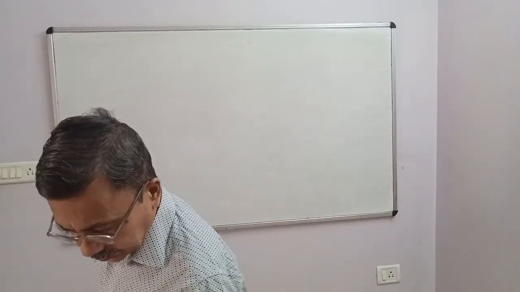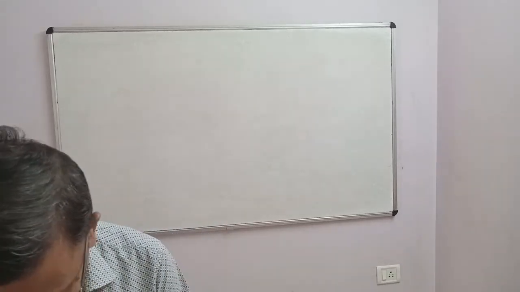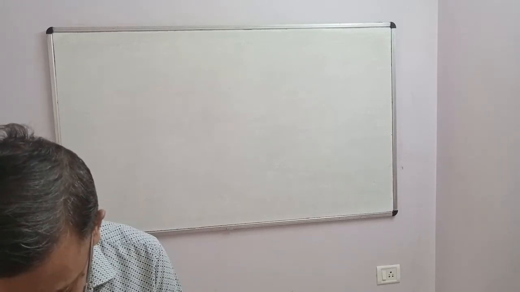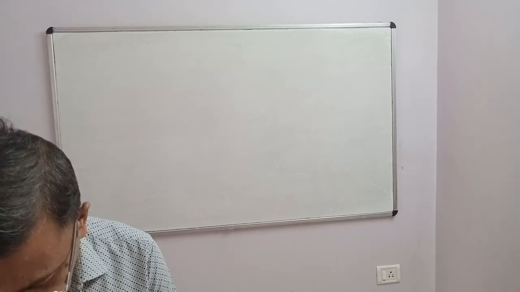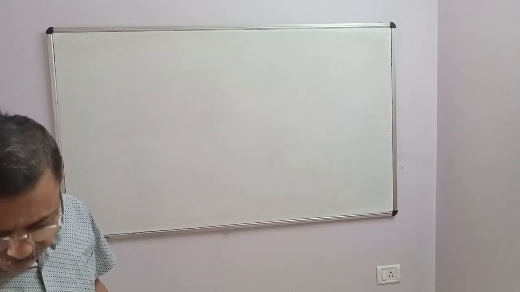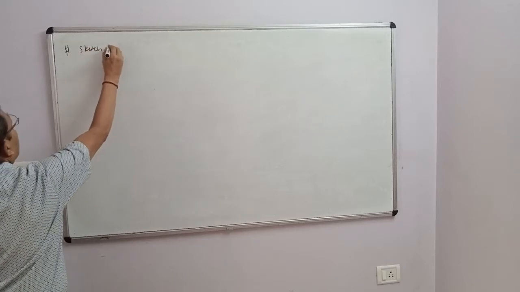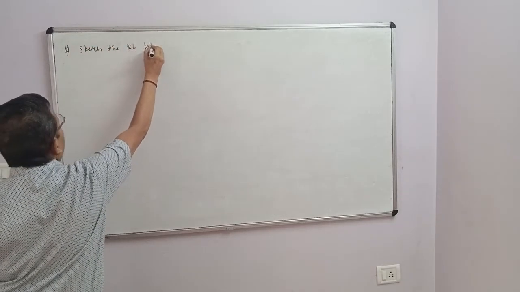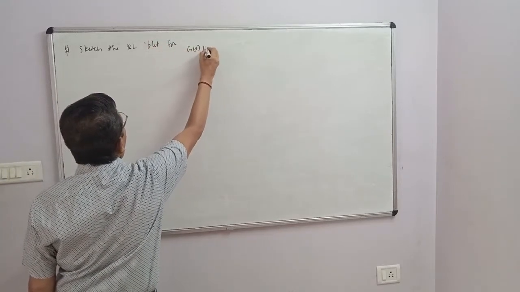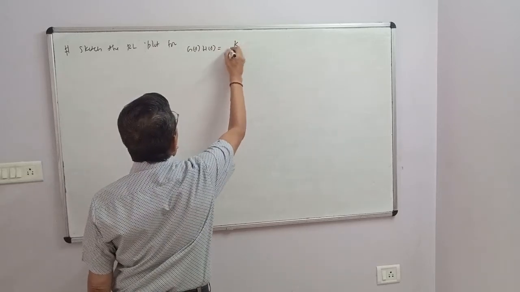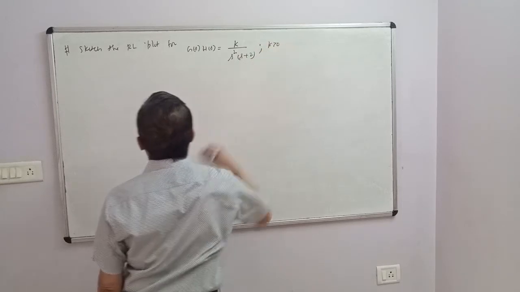Next problem. Sketch the root locus plot for g of s, h of s is equal to k divided by s square into s plus 2, k greater than 0.